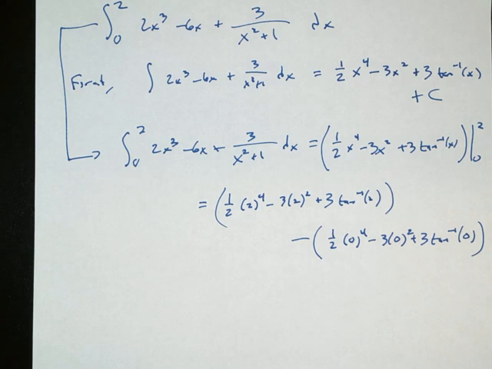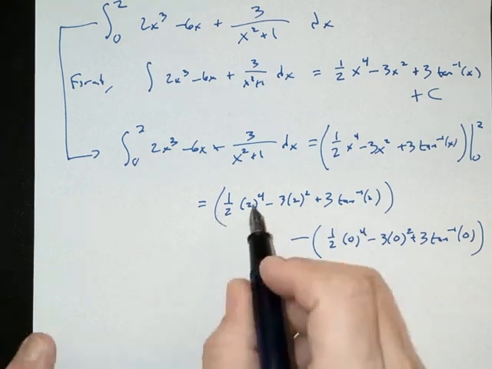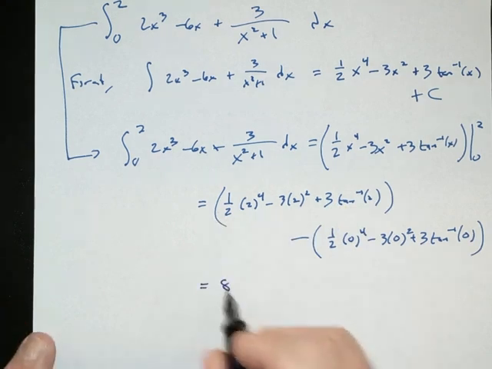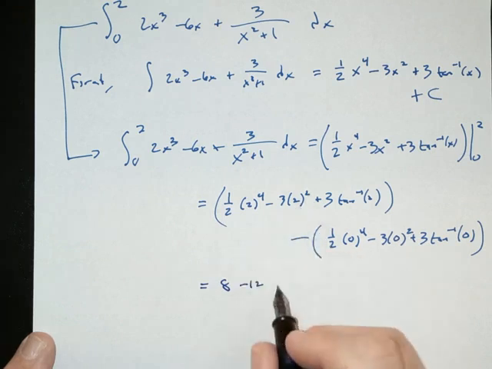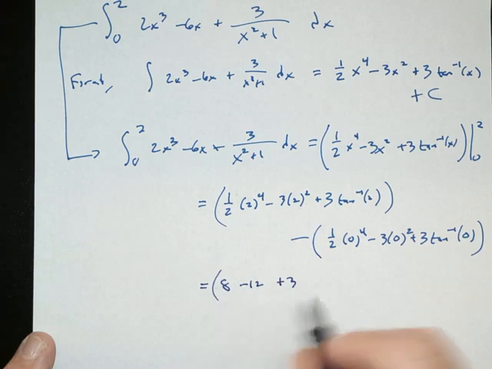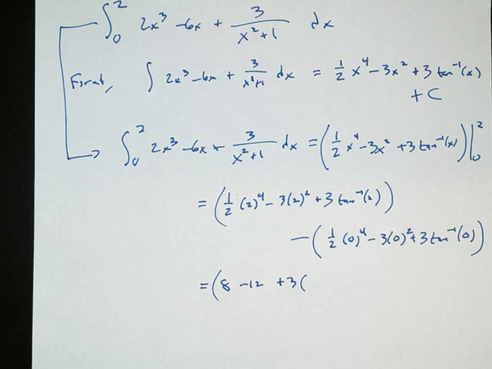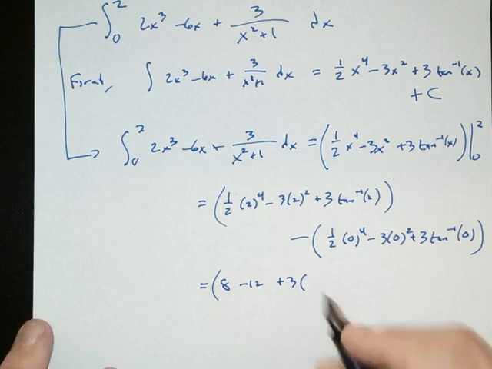So if I want a number for this, I'm going to have to go to my calculator. 1/2 of 16 is 8. 3 times 4 is 12. Plus 3 times, somebody give me a number, at least 2 or 3 decimal places, for the inverse tangent of 2. Yeah? 1.1071.